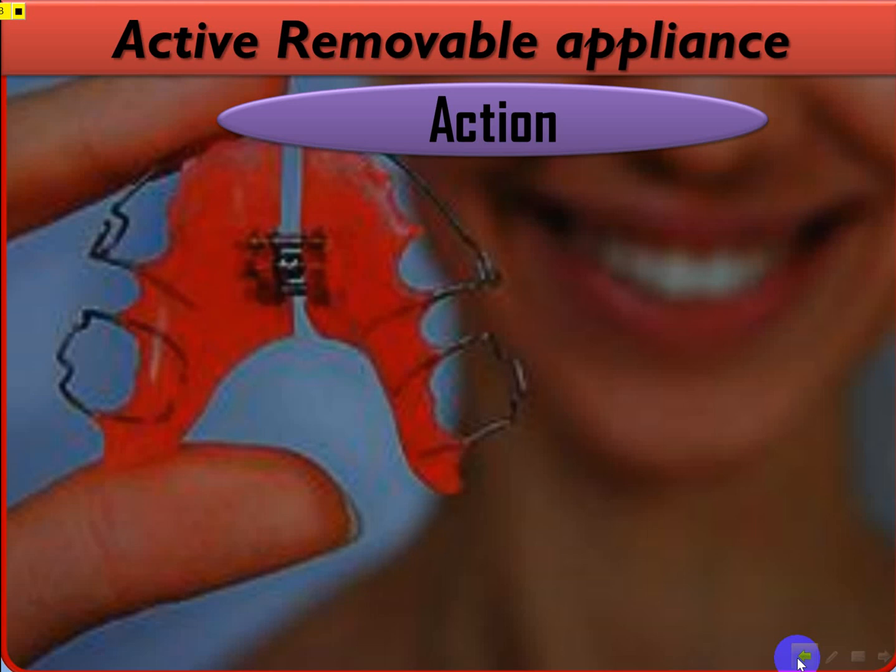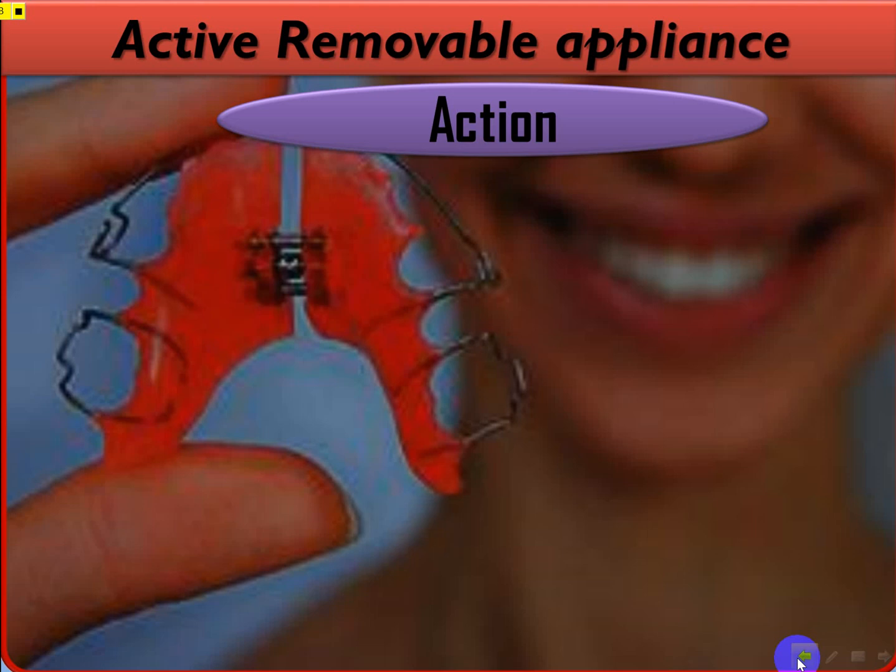I previously said that we have 6 types of orthodontic tooth movement: tipping movement, bodily movement, extrusion, intrusion, rotation, and root movement. So now the question is, which type of tooth movement can we create or produce by using a removable appliance?